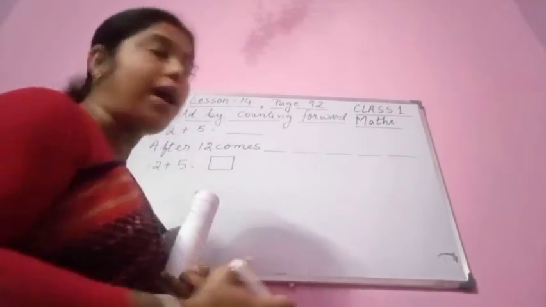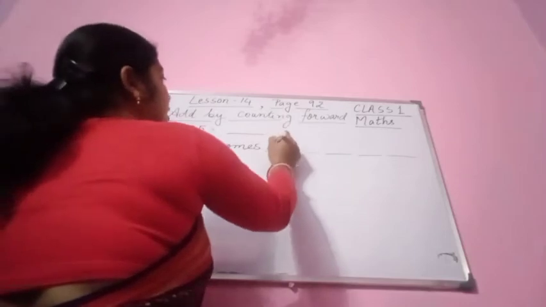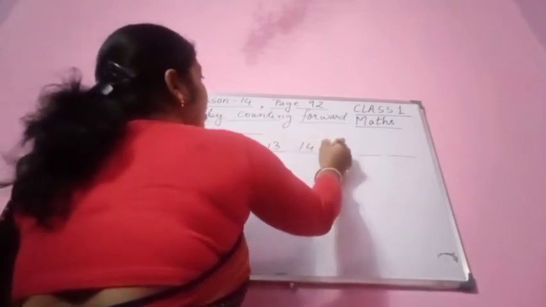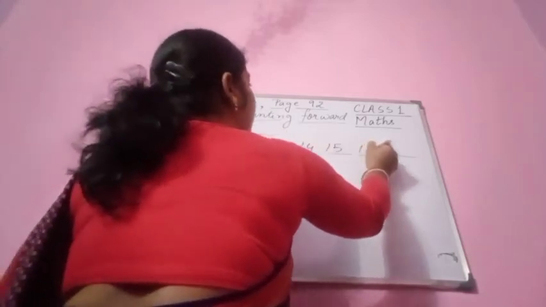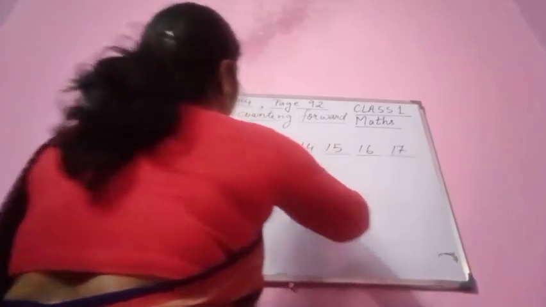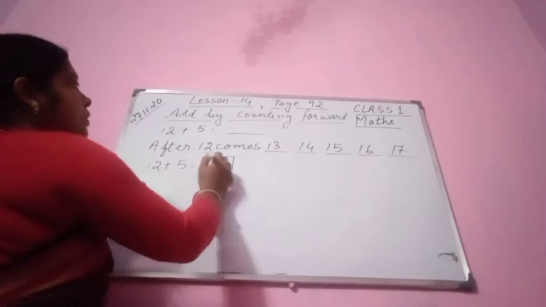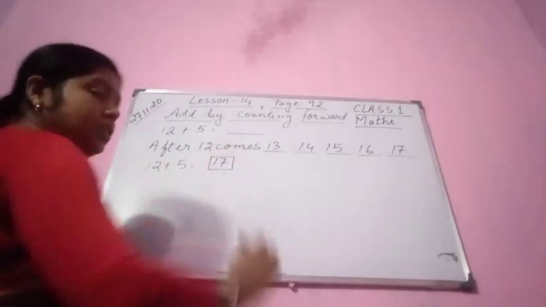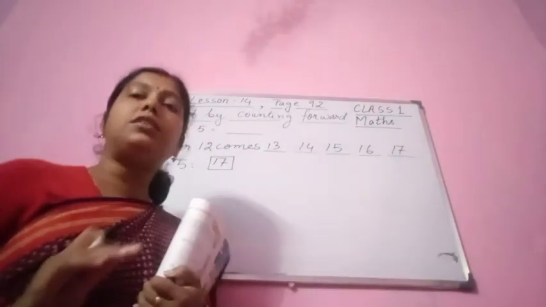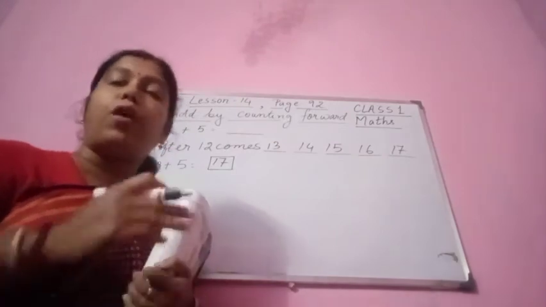After 12 comes 13, 14, 15, 16, 17. That means 12 plus 5 equal to 17. All right, this is the process to count forward.